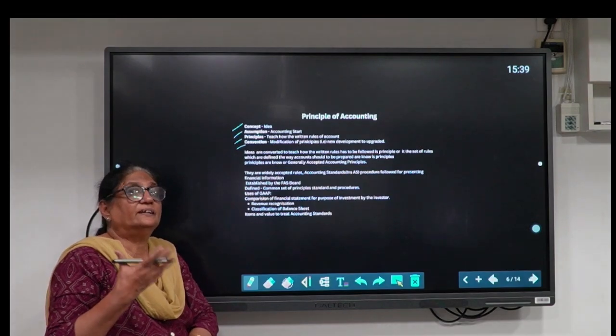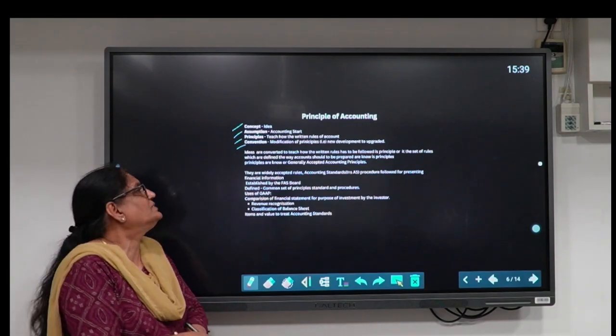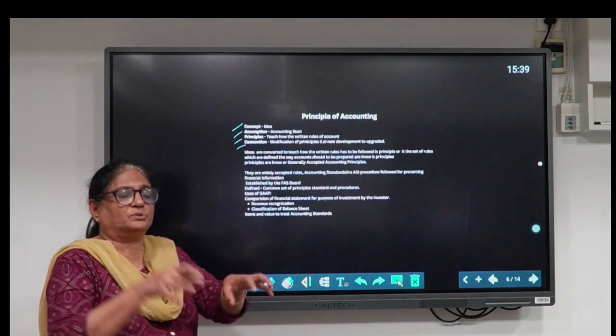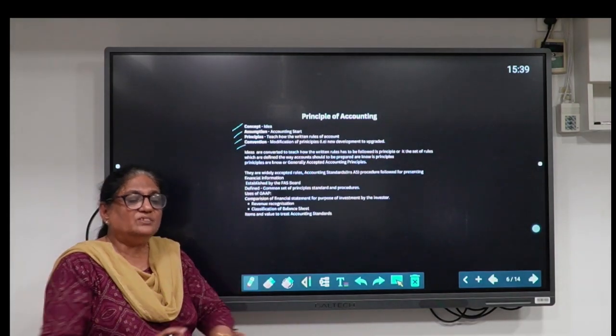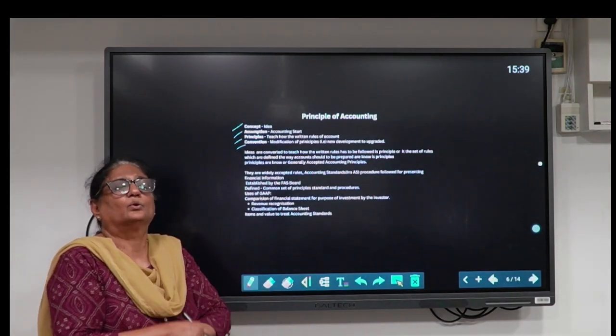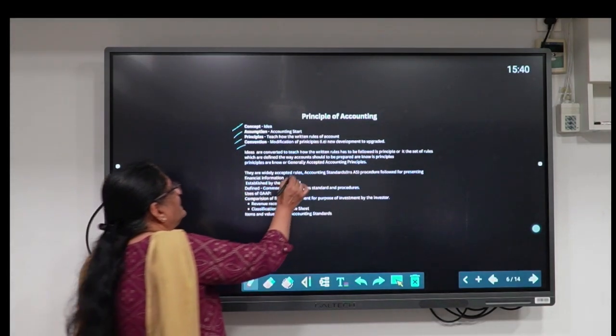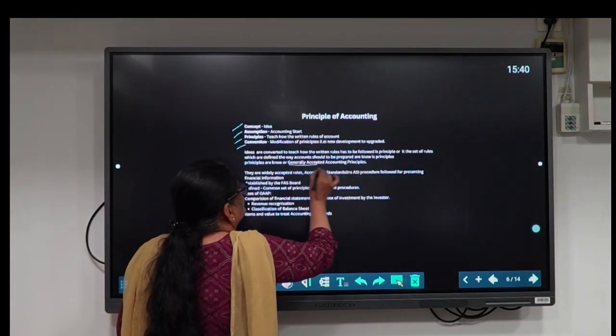It is only the development, your ideas which you are framing. Principles teach how the written rules have to be implemented, how the principle should move along with the rules and procedures. So these are known as generally accepted accounting principles.